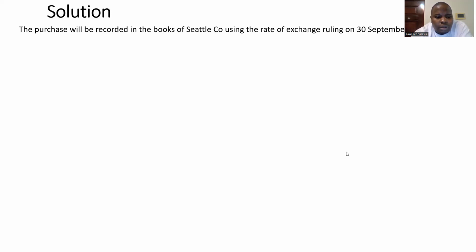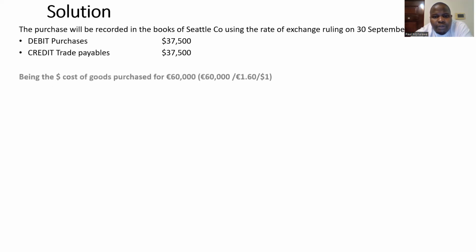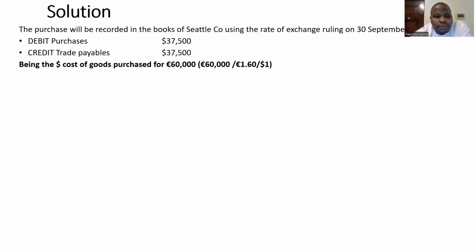So 60,000 euros divided by 1.6 gives us 37,500. We're going to debit purchases 37,500, and credit payables the same amount. That is at the rate 1.6.